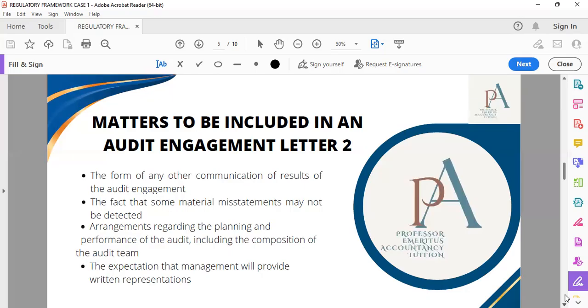And then there's an expectation that management will provide written representations. So normally, for items like inventory count, the auditors may not be able to go to every site. So let's assume that we were auditing an automobile company and they have 50 locations across the country.